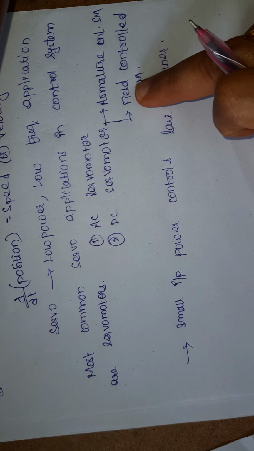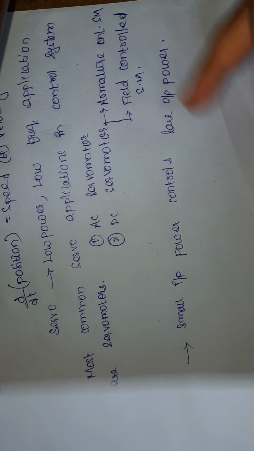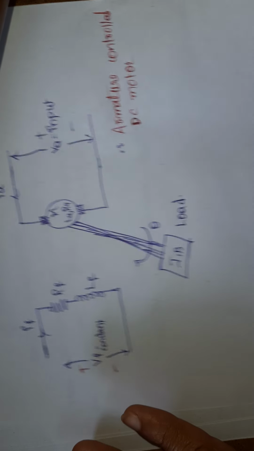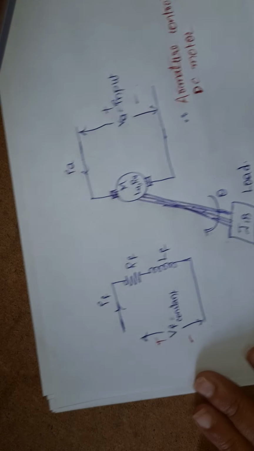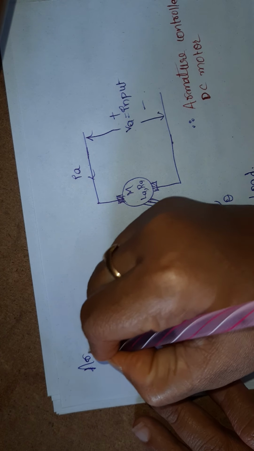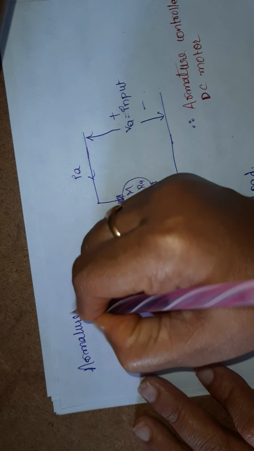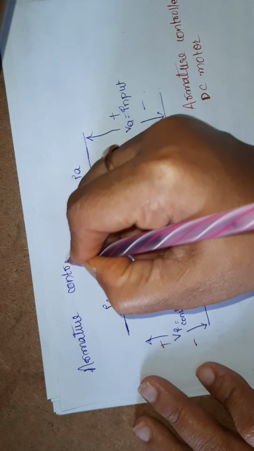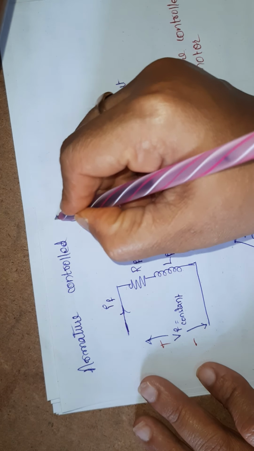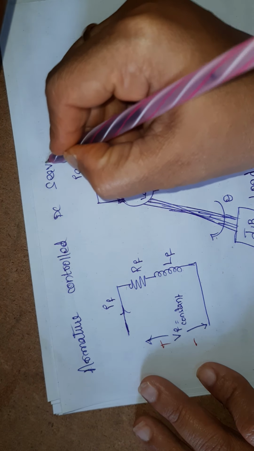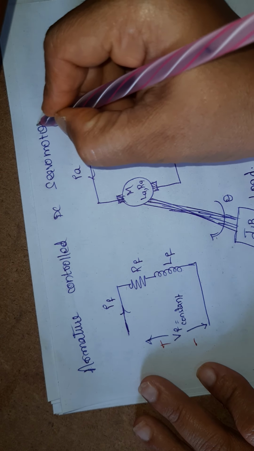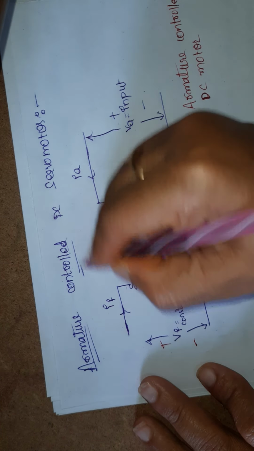Now I am going to discuss armature controlled DC servo motor. So this is the diagram of armature controlled DC servo motor.